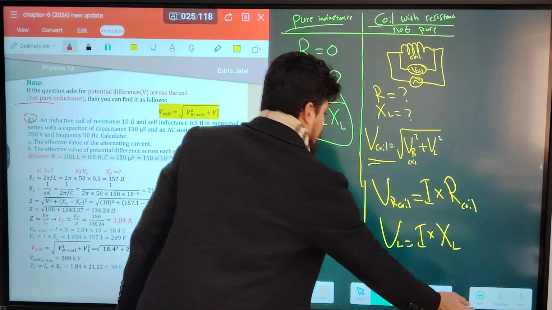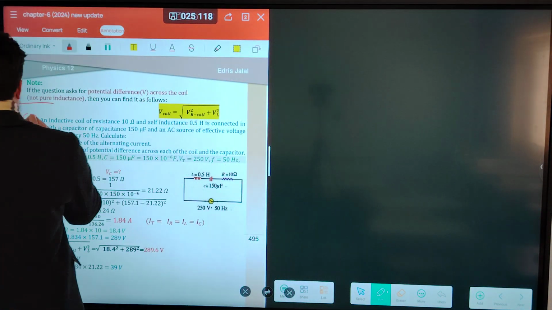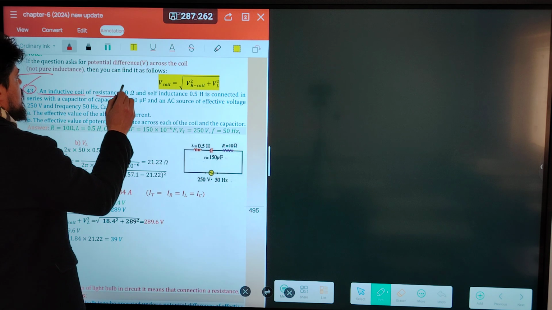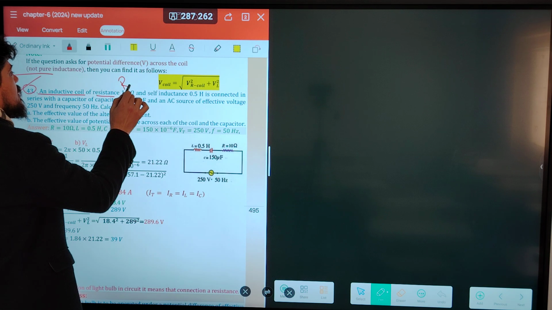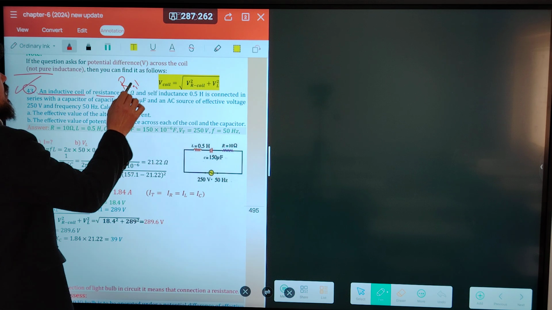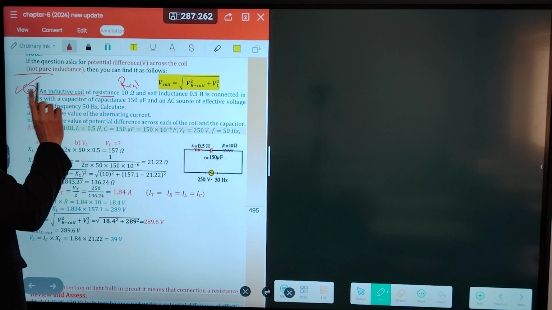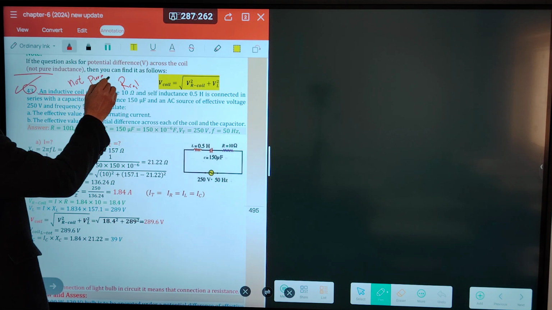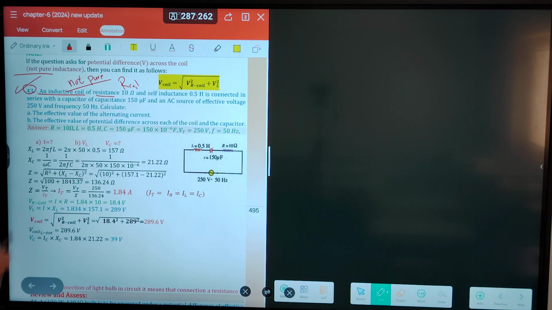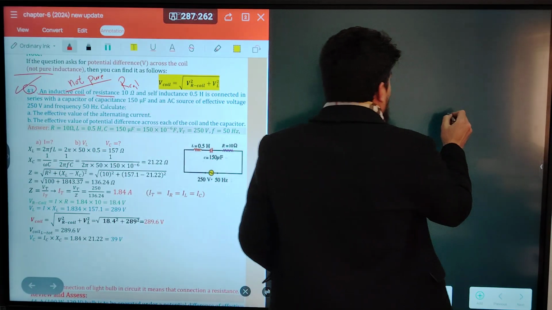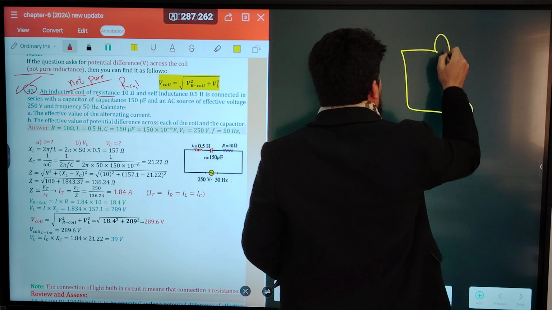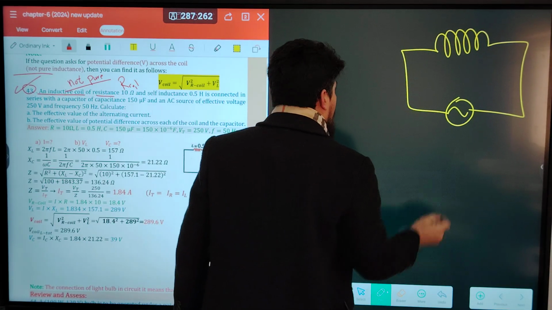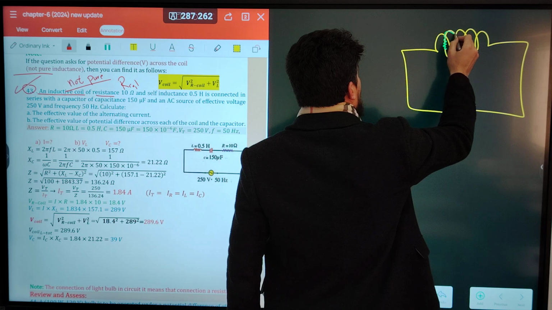Okay? Look at question 43. An inductive coil of resistance. This is the resistance of coil. So can we say this coil is pure? No, this is not pure, guys. Not pure coil. The coil has resistance. Assume that this is resistance of the coil.